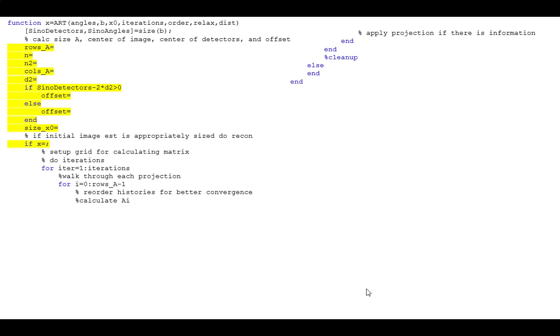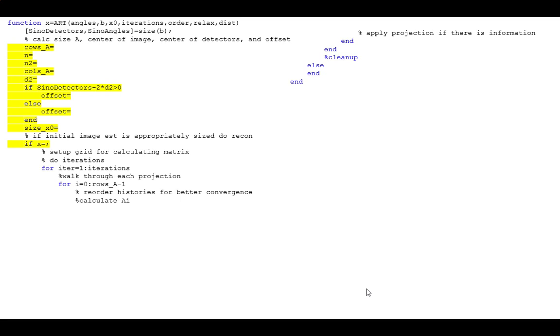That's why I included that one there. I have to see whether the initial image was the same as what we would guess from the sinogram's detector size, or the whole sinogram size. So if we look at the sinogram, how would you know just from the sinogram how big the image should be?